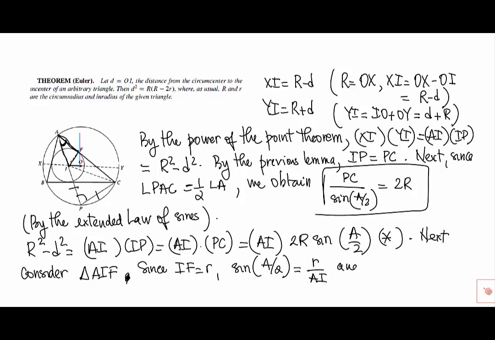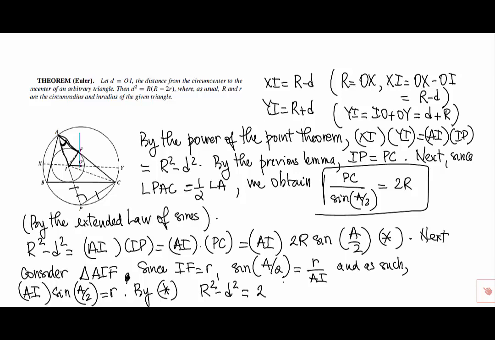And as such, AI times sine of angle A over 2 is equal to little r.